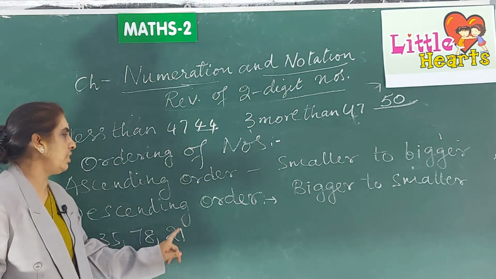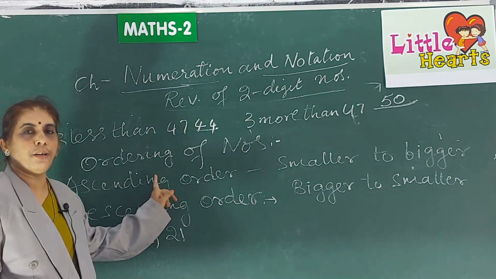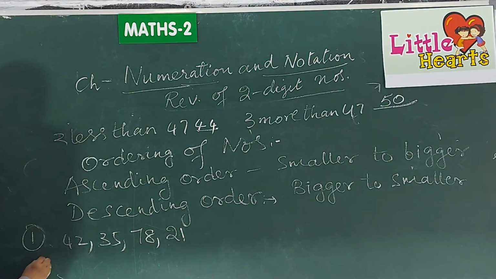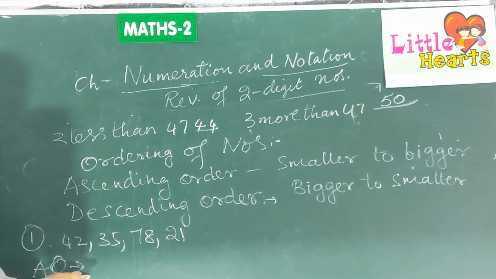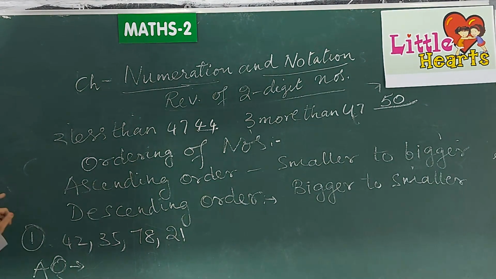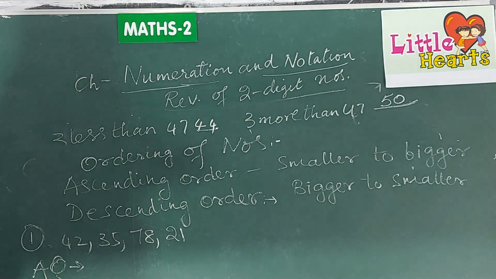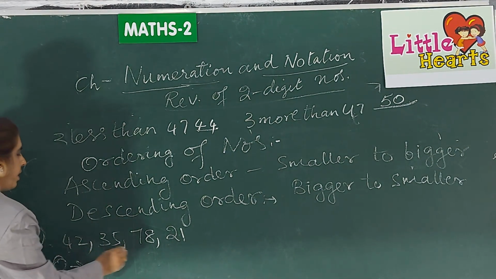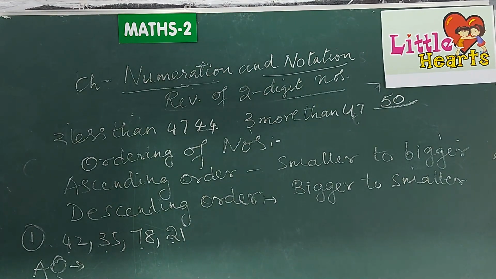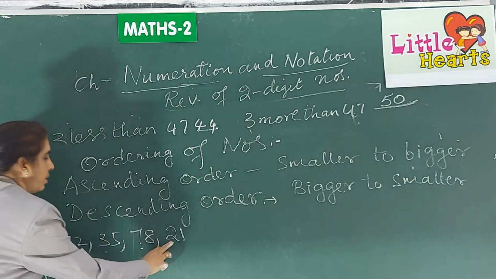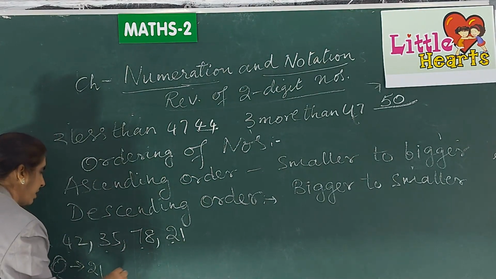Let us arrange them in ascending order first. For this also you have to check the tens place digit first. 4, 3, 7, 2. Which is the smallest in the tens place? 2. So write this number first, 21.